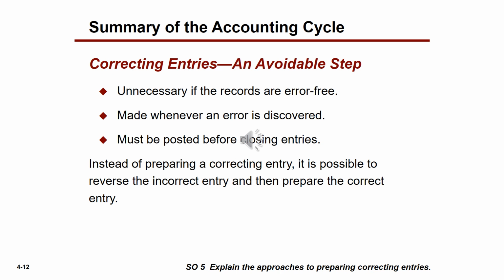These are only made whenever an error is discovered, and they must be posted before you post your closing entries. Instead of preparing a correcting entry, it is also possible to just reverse the incorrect entry and then prepare the correct entry in its place.